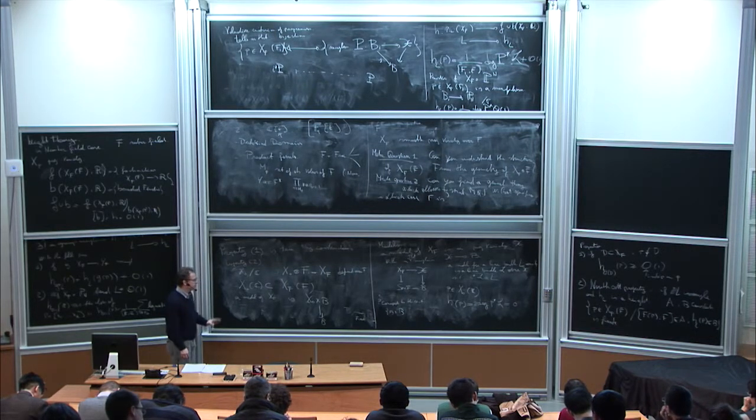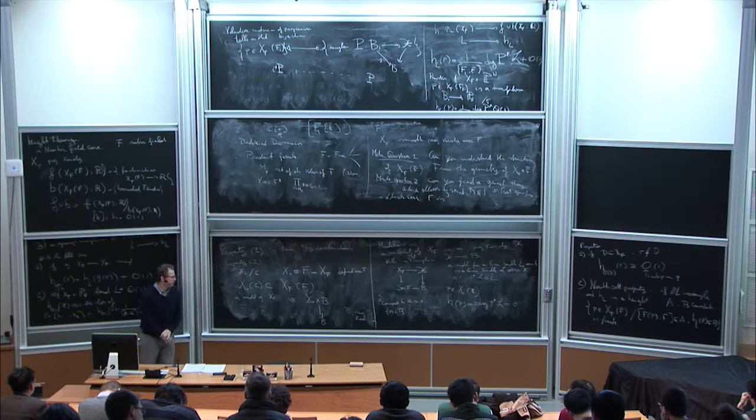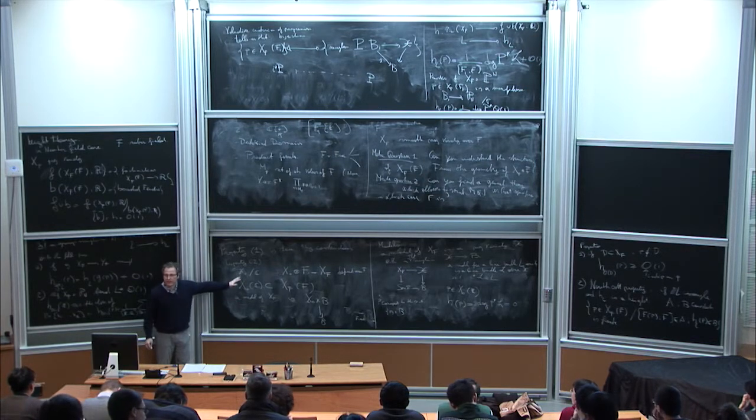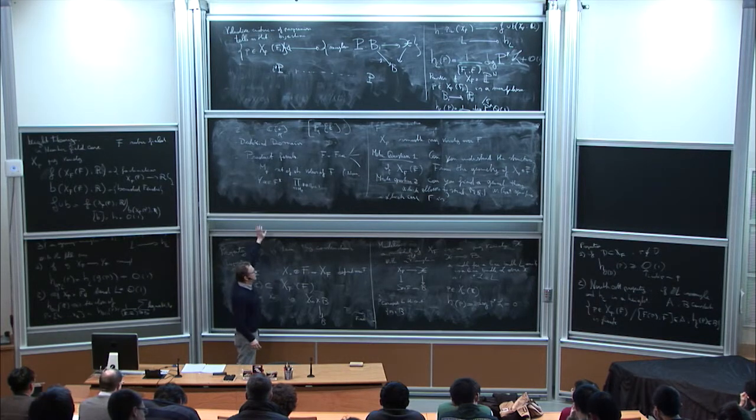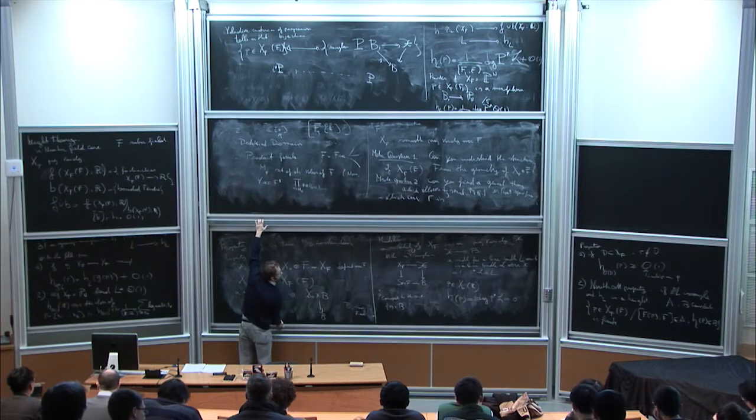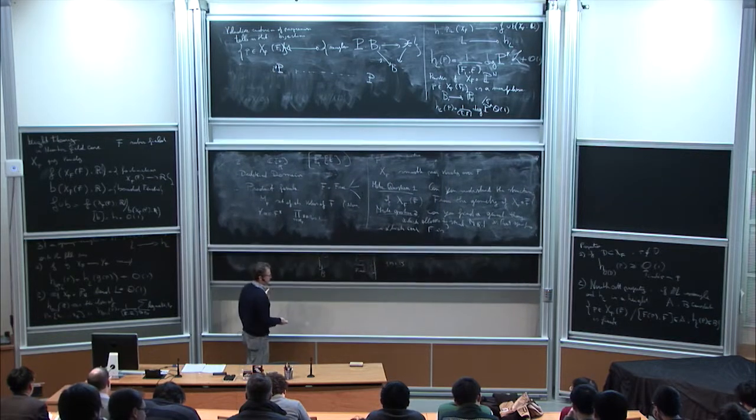For this reason, you introduce a class of variety, which is essentially this class, but a little bit more general, which is the class of isotrivial varieties.